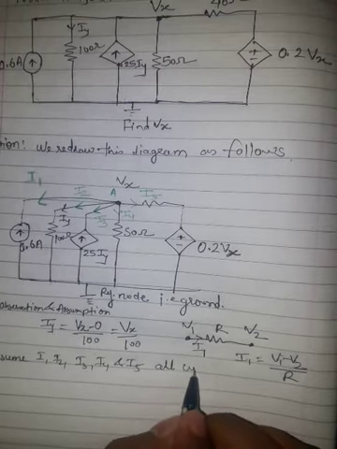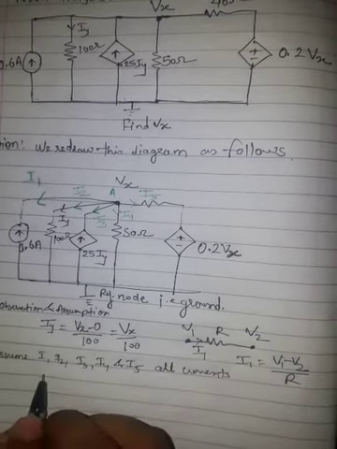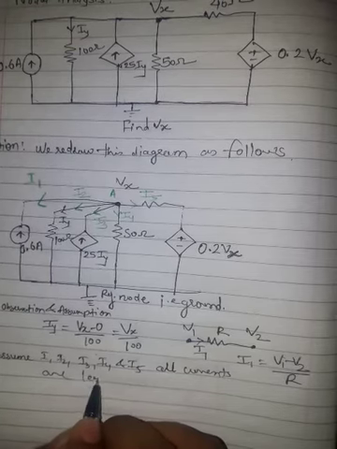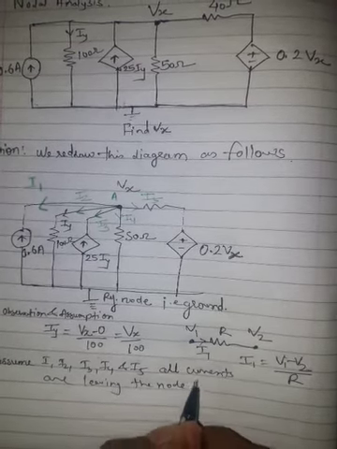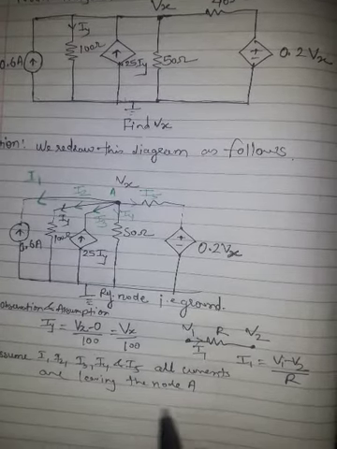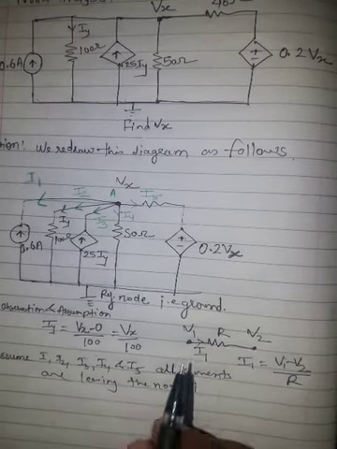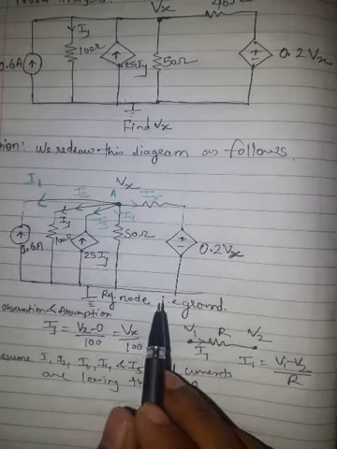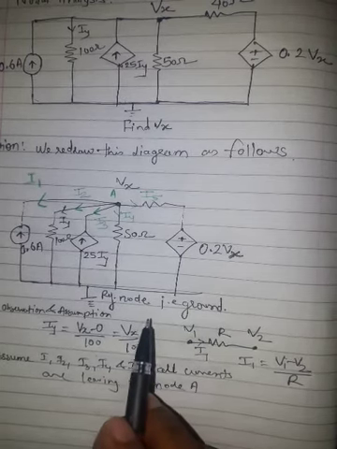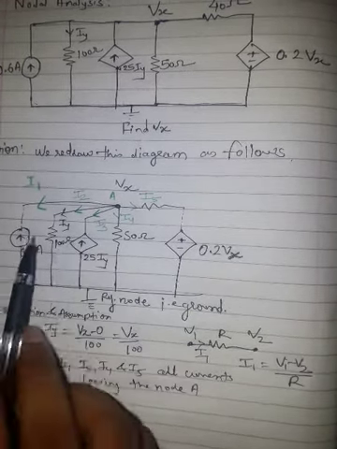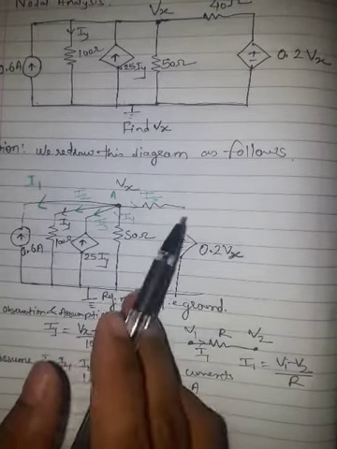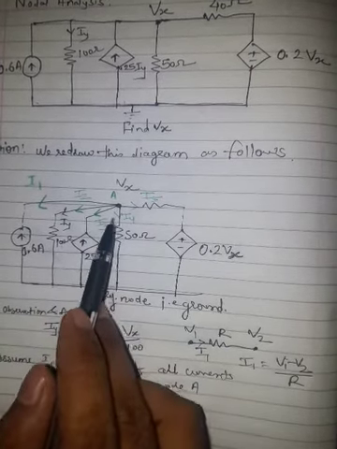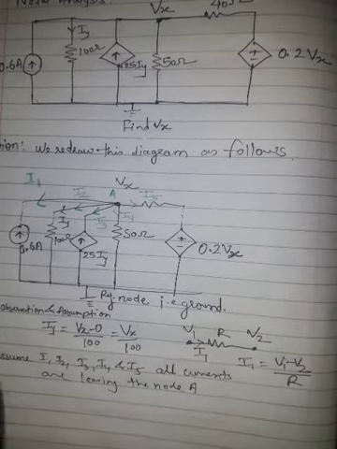All currents are leaving the node A. So what is KCL? KCL is the algebraic sum of currents meeting at a point or leaving from a point is equal to 0.